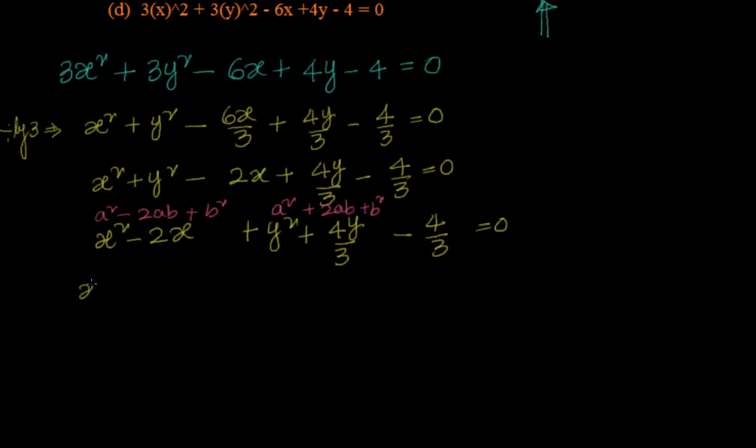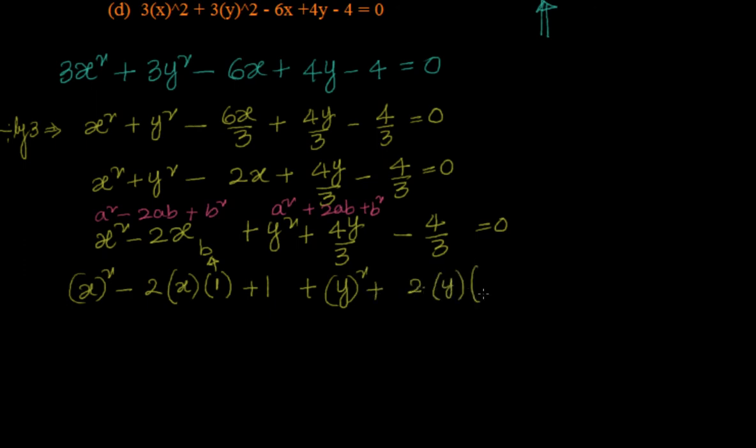So my next step will be x square minus 2 into x into 1, so my b is 1 there, plus 1, plus y square, a square again, plus 2 into y into 2 by 3 plus b square, that is 2 by 3 whole square, minus 4 by 3 is equal to, I have to add 1 and 2 by 3 whole square on the right hand side also because I have added them on the left side.